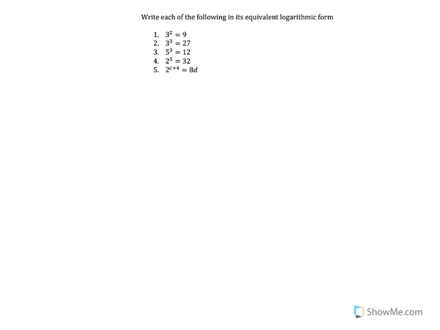I have a question that says I need to write those equations into log form. So I'm going to take a first glance at the first one and ask myself, what exactly is expected from me? What kind of question should I ask myself before attempting to solve something like this? I have 3 squared equal to 9.